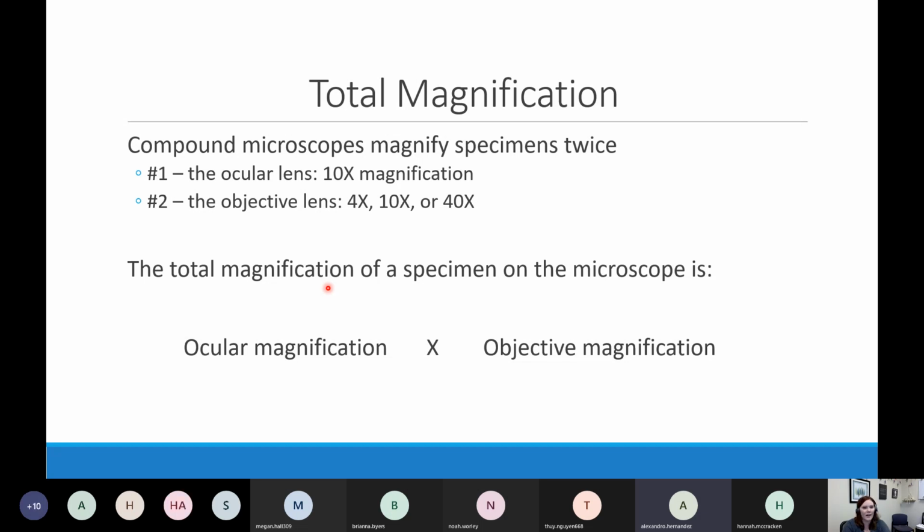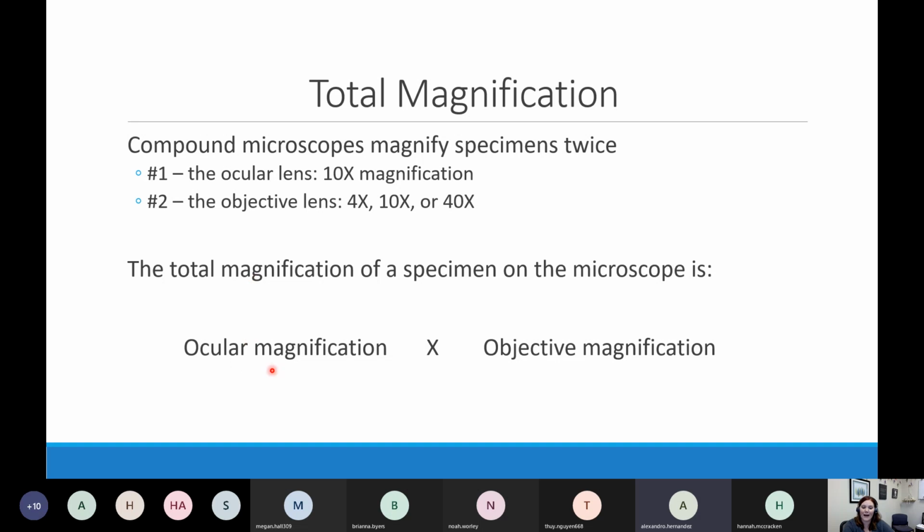Now, Dr. Ollis will not ask you to do very much math in our class time together. It's not a math class. But this is one set of math that we will have to be able to do for quizzes, for the exam. It's a calculation of the total magnification, or how much bigger I'm making things compared to how they look. The good news is it's a really simple calculation.